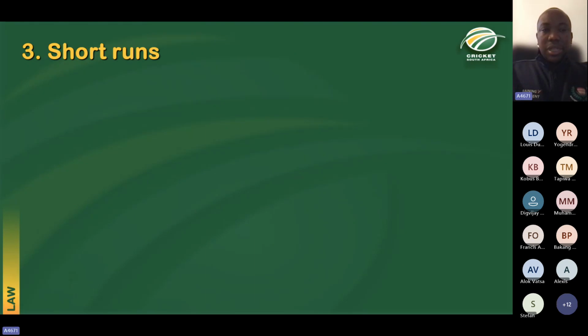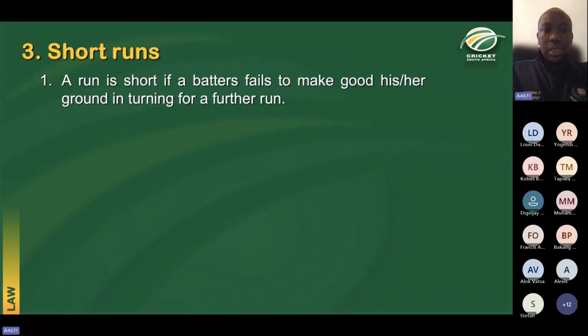There is a concept in cricket called short runs. Let's learn a little bit more about short runs. A run is short if a batter fails to make good his or her ground in turning for a further run. So you cannot have any short runs if the batters have only attempted and completed one run.